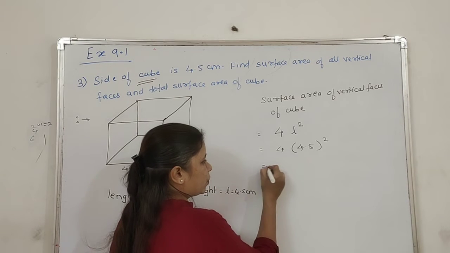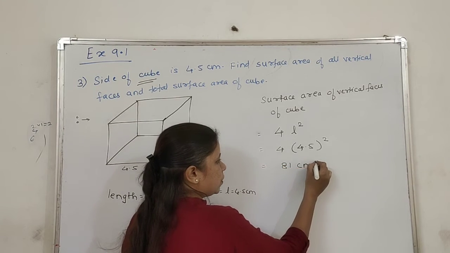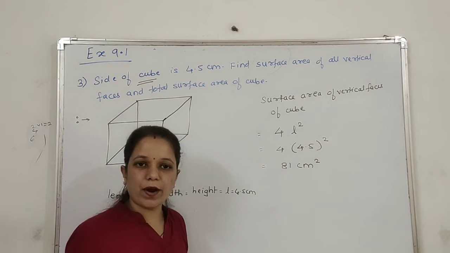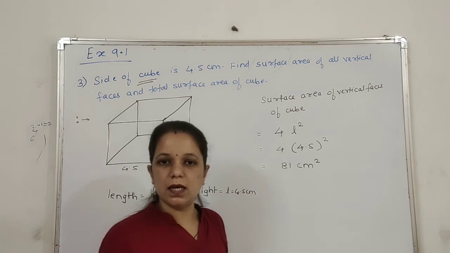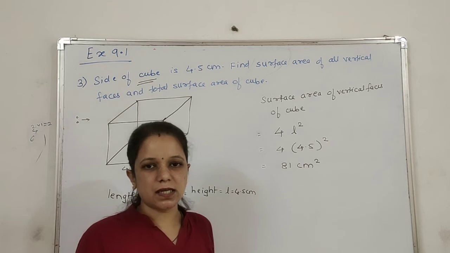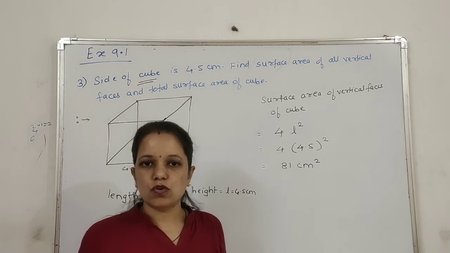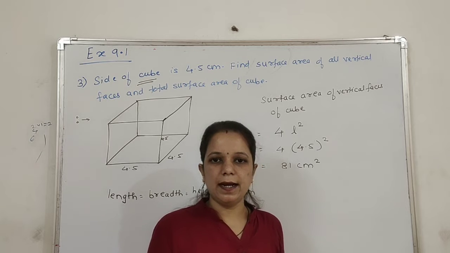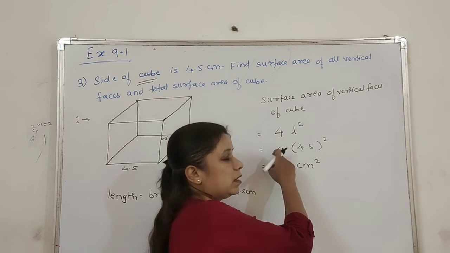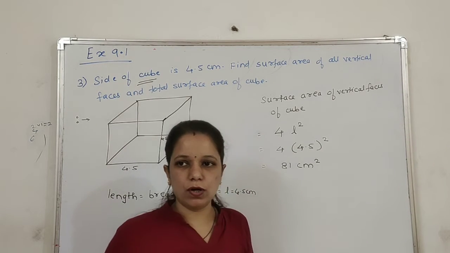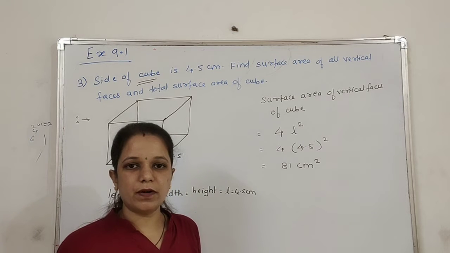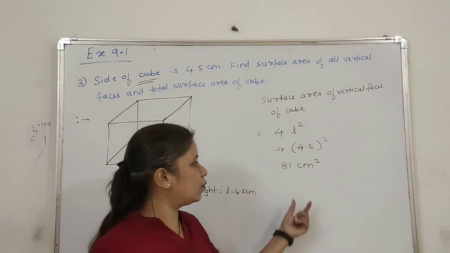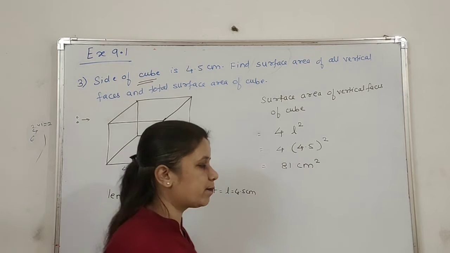Okay, see the calculation part. First, we will calculate 4.5 square. Square means that number multiplied by itself. So 4.5 into 4.5 is 20.25, and then you will multiply it by 4. After you perform the calculation, it will come to 81 centimeter square.